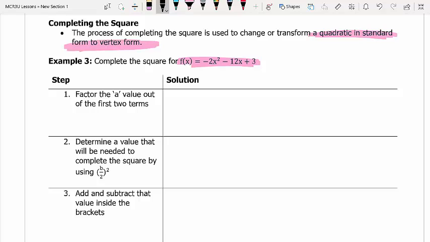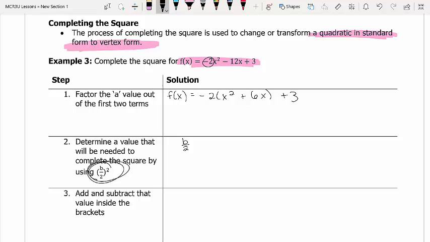So I've listed the steps, so this should be very easy for you to follow. So step 1 is factor the a value out of the first two terms. So we're going to factor the -2 out of the first two terms. Okay, the second step is figure out the value you need to add and subtract into those brackets to complete the square. And you do that by following this equation.